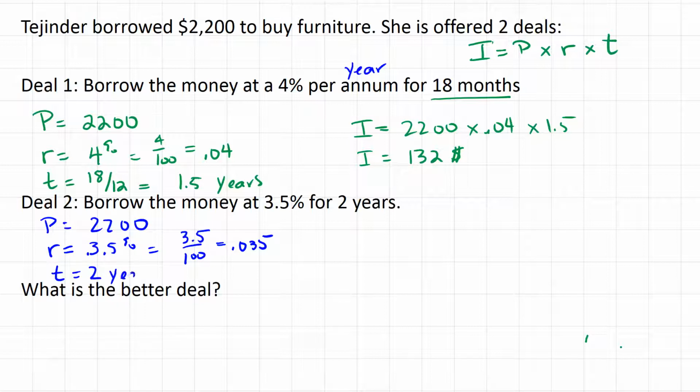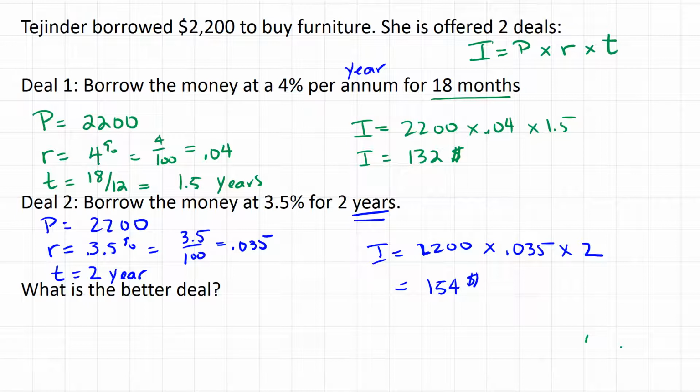Now here I don't have to do any change in time because it's measured in years. So I equals principal times interest rate times the number of years. And that works out to be $154.